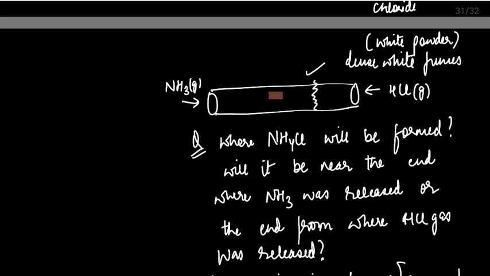So the dense white fumes are never going to form in the middle, because ammonia being lighter will diffuse faster. In the time period, HCl is not going to cover much because it's heavier. So the fumes form near the end where HCl has been released, because HCl is quite heavier and ammonia is lighter.